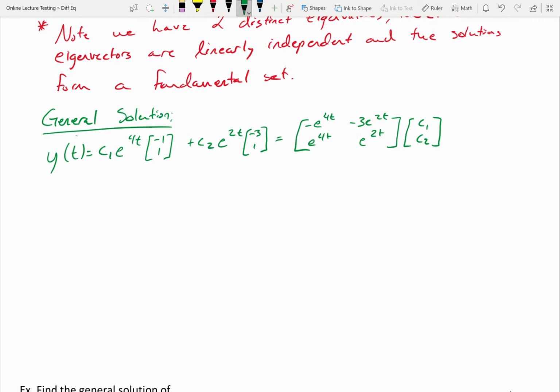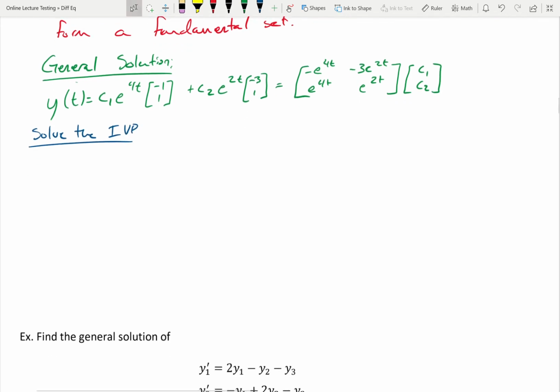Now it's time to solve. So we know y of 0 is equal to 1, 1. Therefore, y of 0, when I plug it into my general solution, for every t, we're going to plug in a 0. So notice that we're going to get negative 1, negative 3, 1, 1.